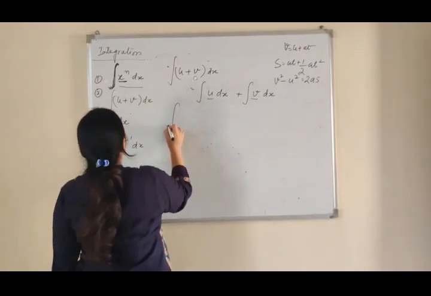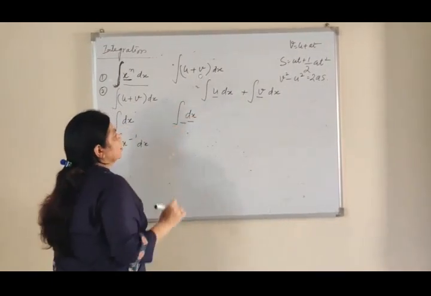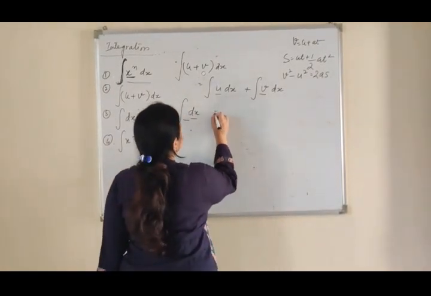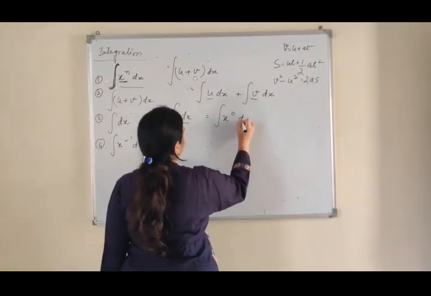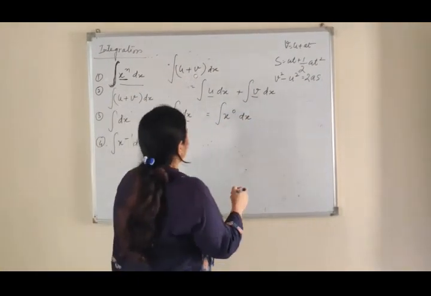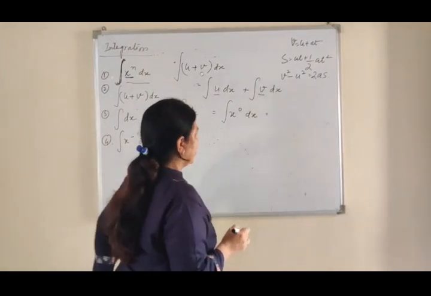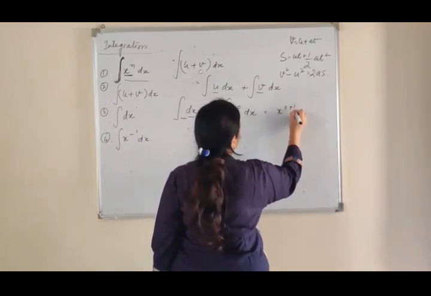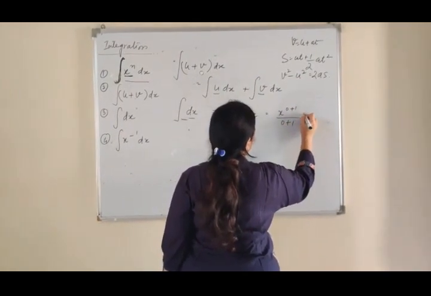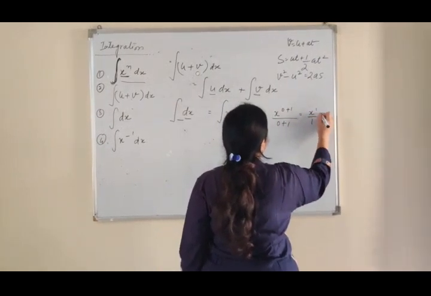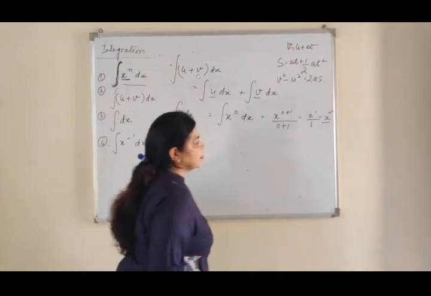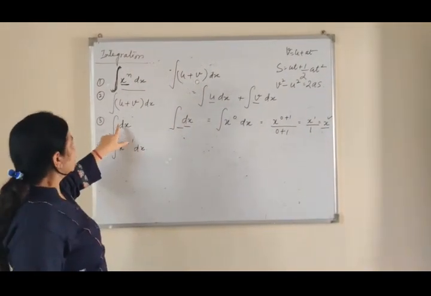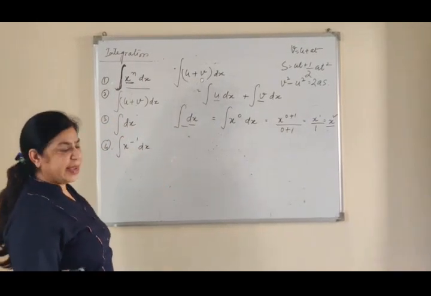After that, if we are having dx only, so here we are not having a single term of x, so we can write this as x power 0 dx. Now, as we have done in the case of x power n, we will integrate it, so it will be x raised to the power 0 plus 1 divided by 0 plus 1. So this will be x power 1 by 1, or we can say simply x. So this result is very useful while deriving these equations. So integration of dx will be equal to x.